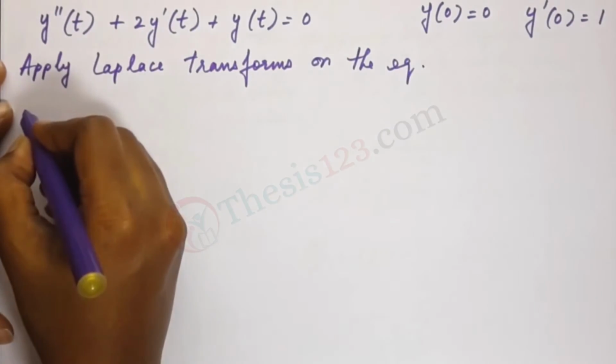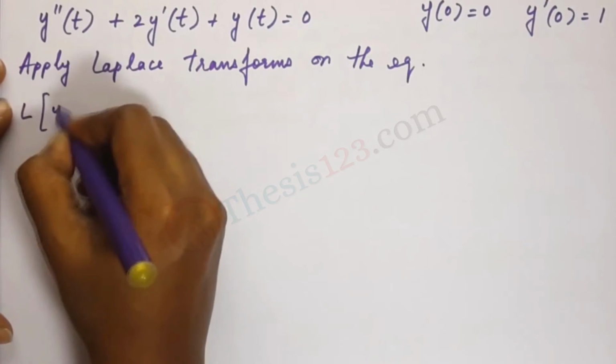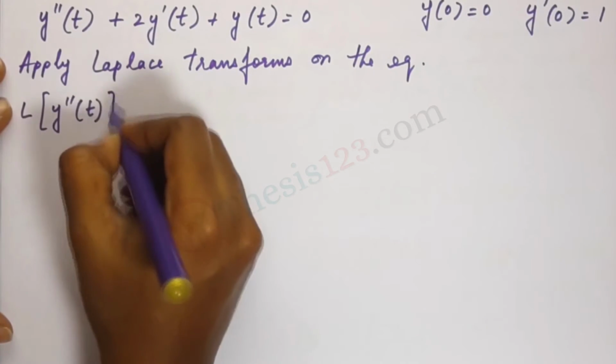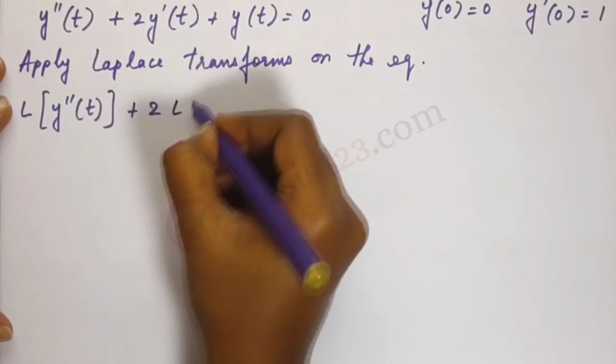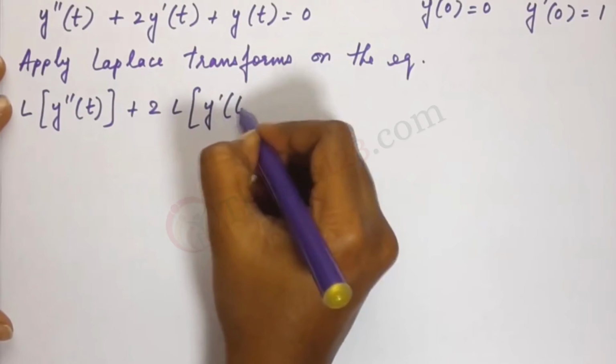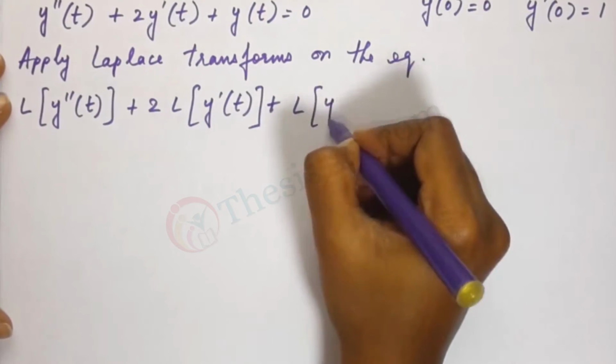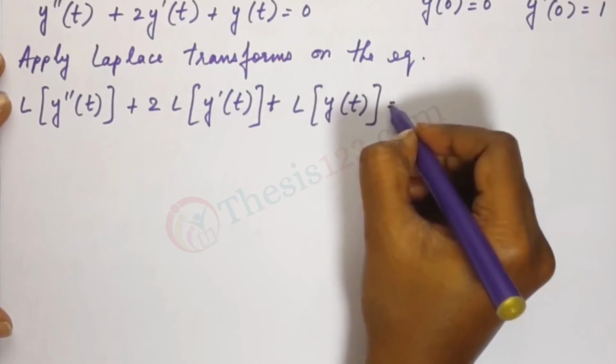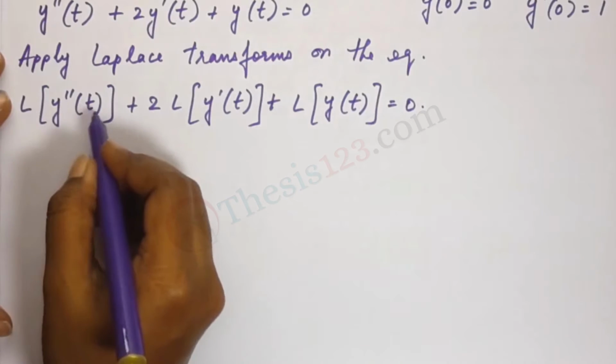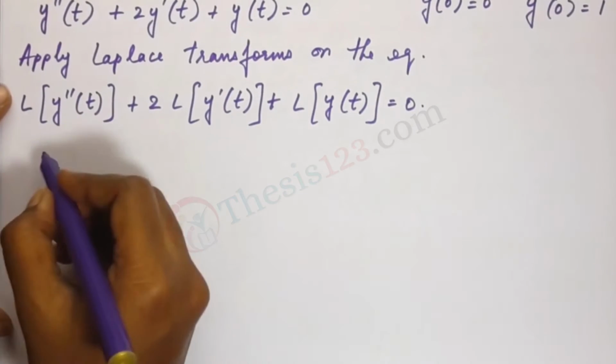Alright, so we have Laplace of y double dash of t plus 2 times Laplace of y dash of t plus Laplace of y of t. Now we saw the formula already.